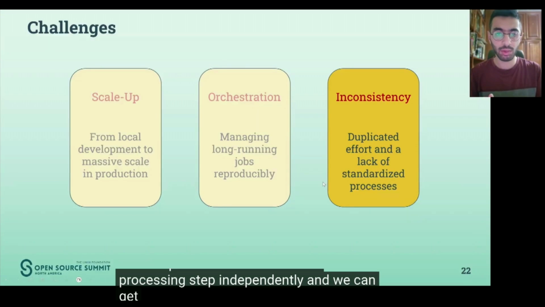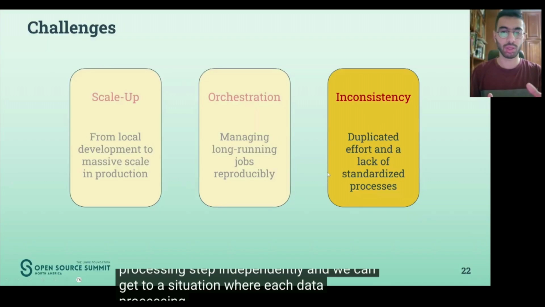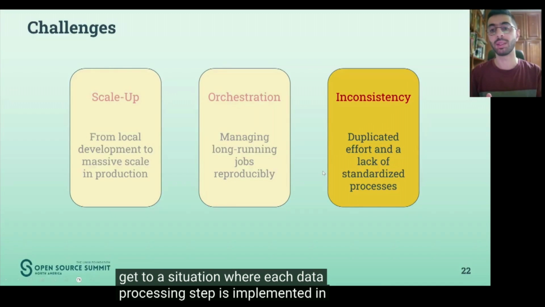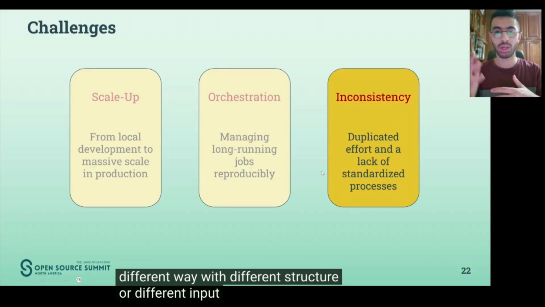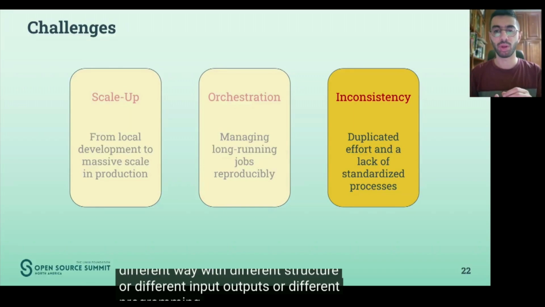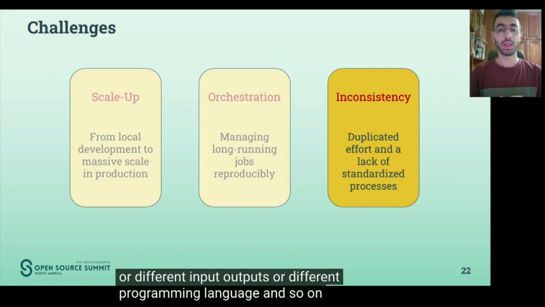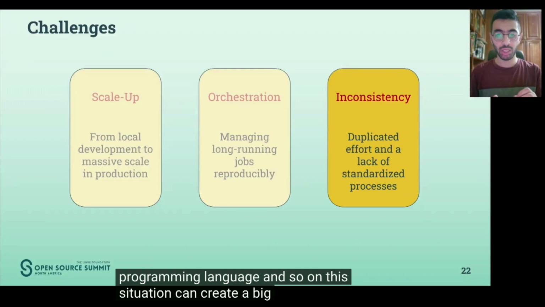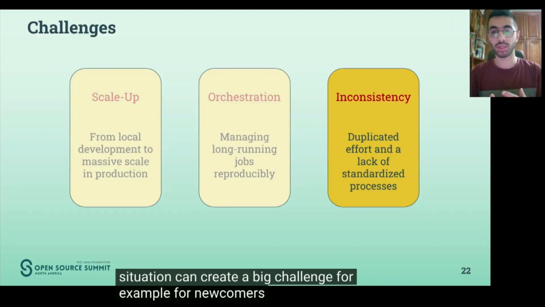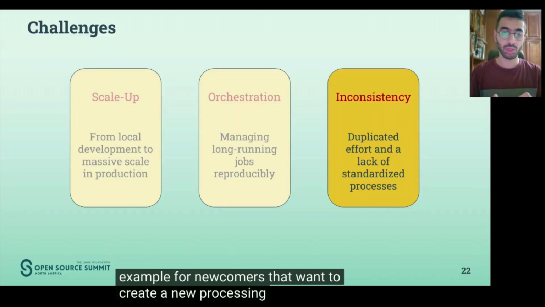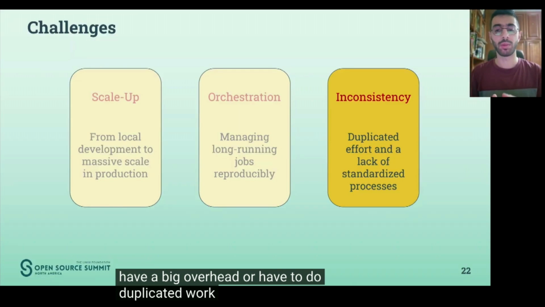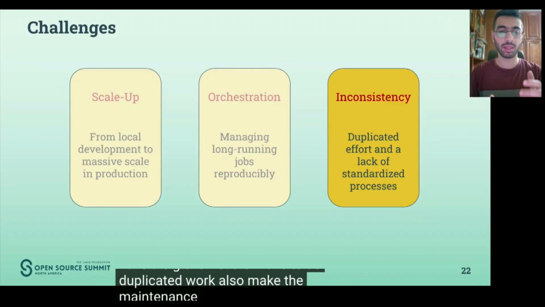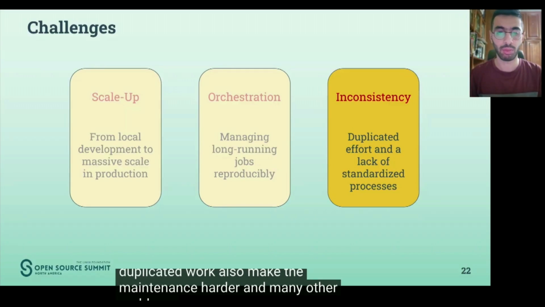And we can get to a situation where each data processing step is implemented in a different way, with a different structure, different inputs and outputs, or a different programming language and so on. This situation can create a big challenge. For example, for newcomers that want to create a new processing step, they have a big overhead or have to do duplicated work. It also makes maintenance harder, and causes many other problems.